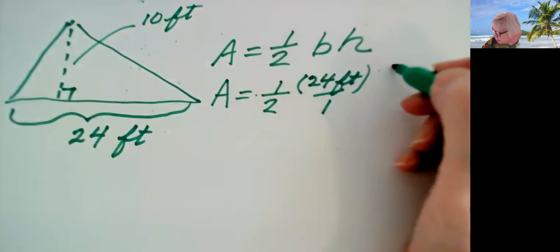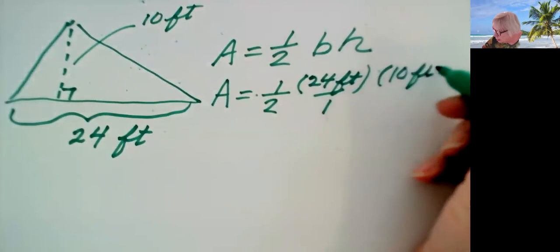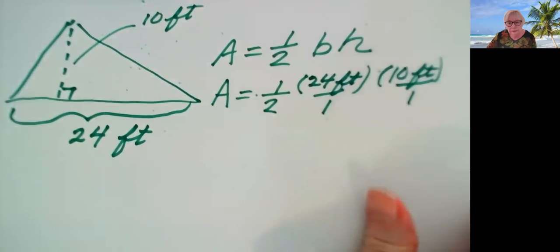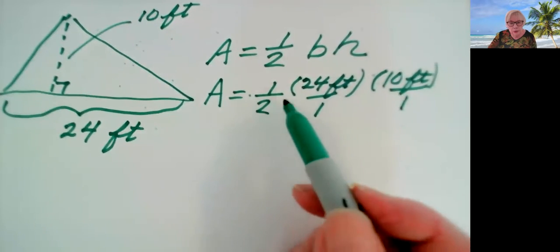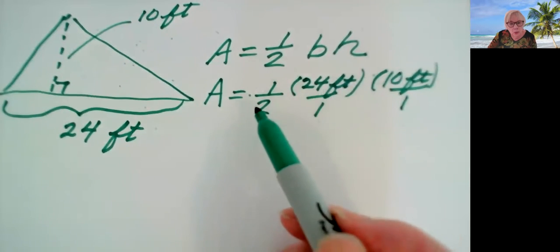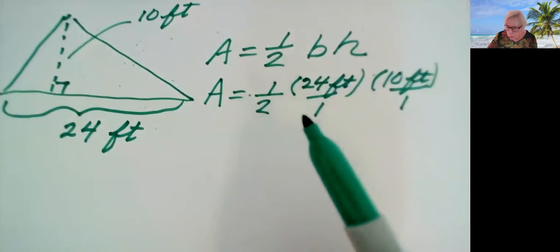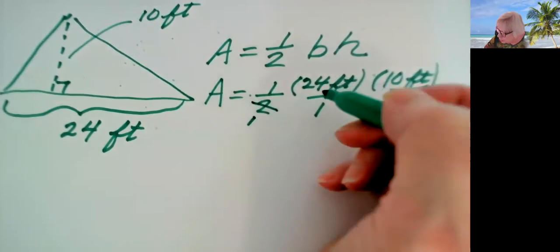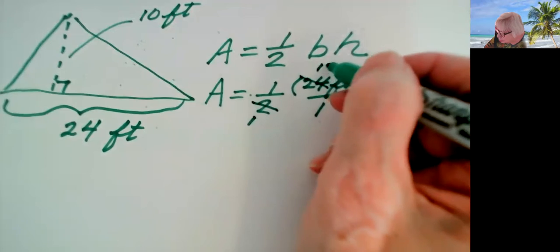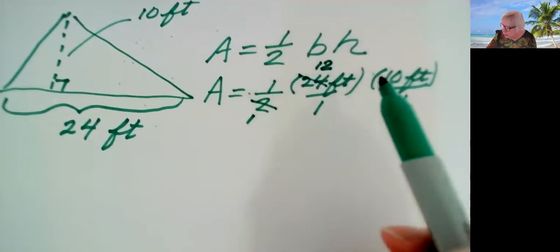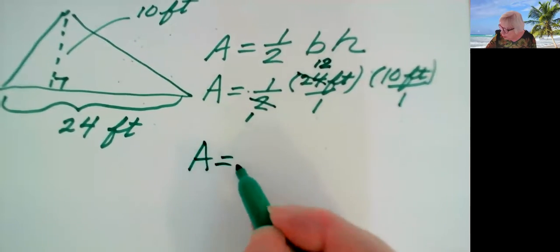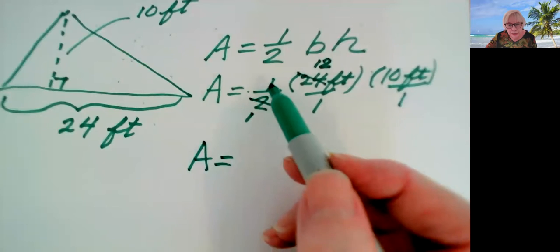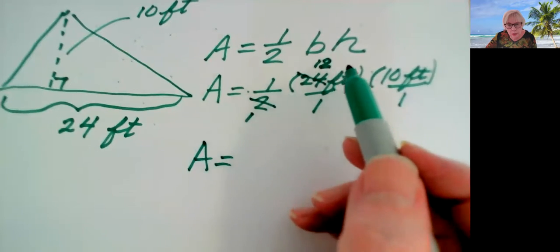In that case, it's 10 feet over 1. So again, this worked out pretty well. 1/2 divides into 24. So 2 goes into 2 once, 2 into this goes 12. So what I have left for the numerator, the top numbers, 1 times 12 times 10.